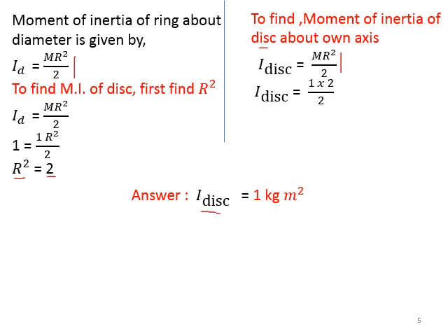So this is the moment of inertia of the disc. Actually mathematical steps are simple, calculation part is simple, but understanding is important. What you have to find, how to find, which values we have to find, which formula we have to use, हे सगळं व्यवस्थित लक्षात घ्यायचं आहे.